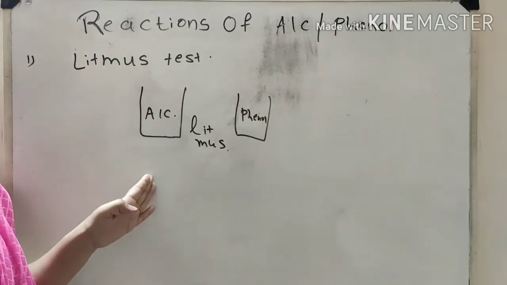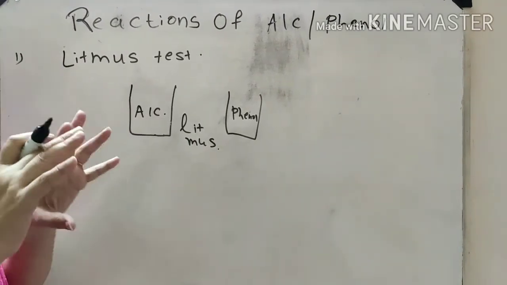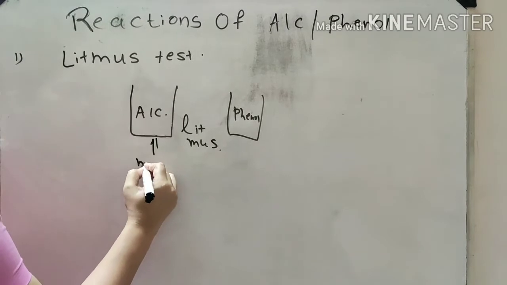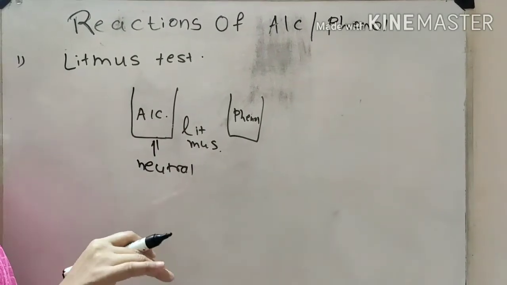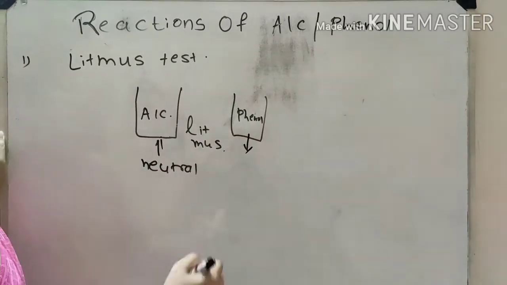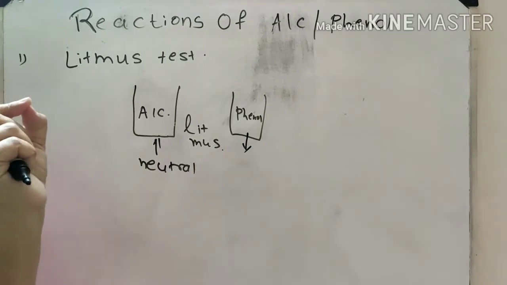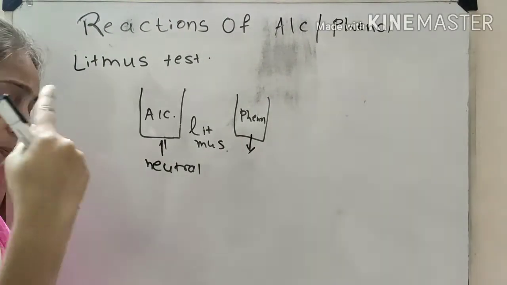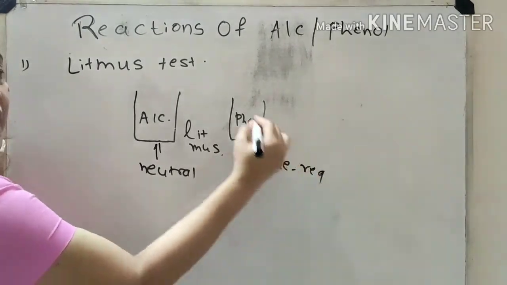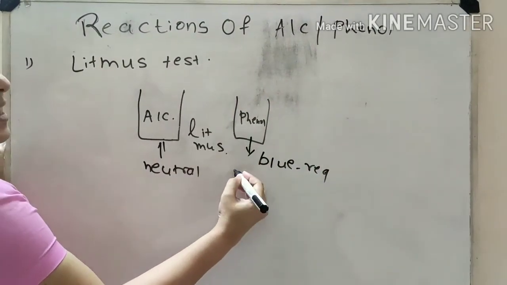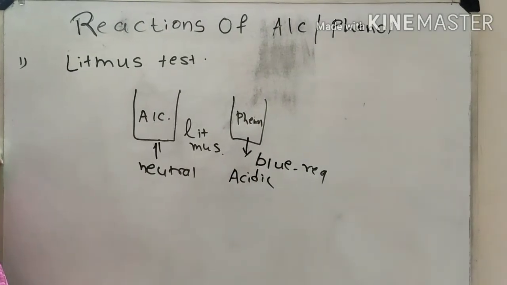Alcohol will not change blue litmus to red or red litmus to blue. It means it is neutral. It's not acidic, it's not basic. But if we check the phenol, it is slightly acidic in nature. It means blue litmus turns red. It indicates that phenol is slightly acidic in nature.